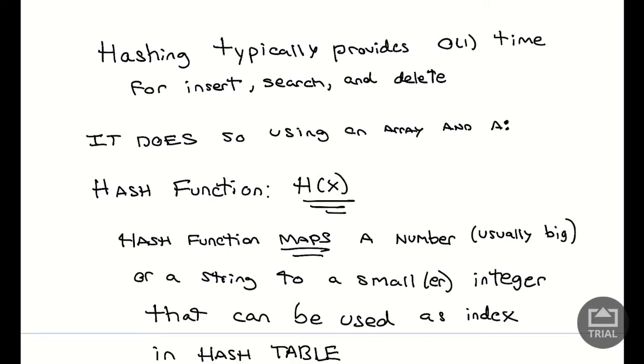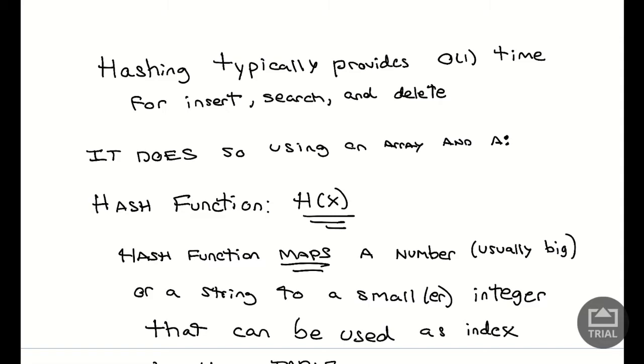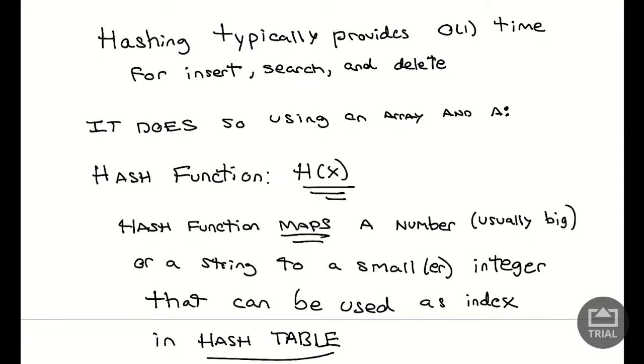Compare that to AVLs that provide log n for access, retrieval, and deletion, or heaps that provide log n, or linked lists, which provide linear time for accessing potentially. Sorted arrays can provide you log n time if you use binary search, but a normal unsorted array takes n time. So obviously this O of one time is way better.